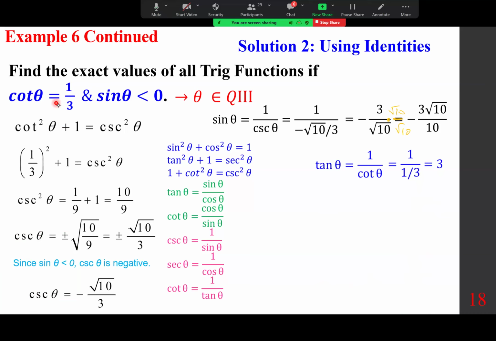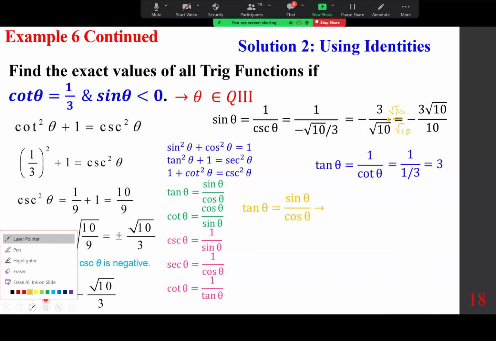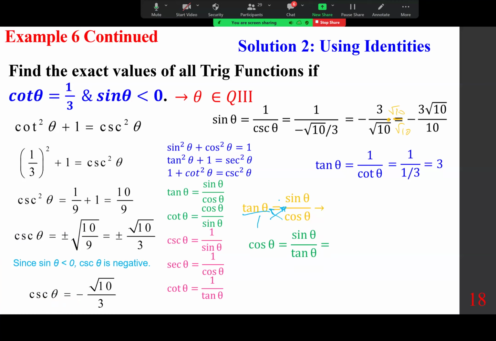Now, the last thing is cosine theta. Now, there are different ways of approaching it. One is, we know that tan theta is sine over cosine. And remember, we have the tangent, we have the sine. We can plug in and we find cosine. I hope you recognize algebraically you can interchange these two because we can do the cross product. Which means cosine theta is sine theta over tangent theta.